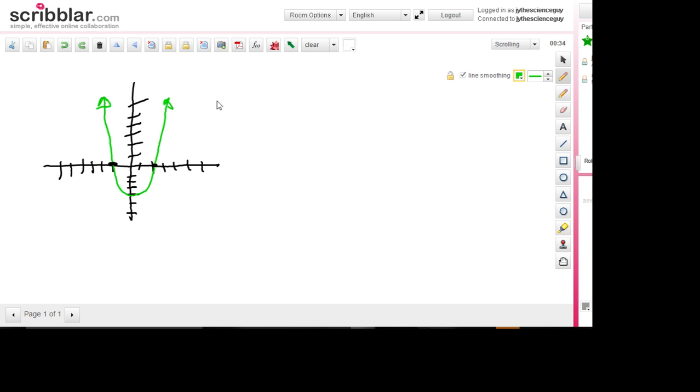So if I wanted to write this quadratic equation, I'll write it this way: f of x is equal to (x plus 1)(x minus 2). That's the actual equation for it. Now, there might be some factor a that's a compression or a stretch, and we would actually have to solve for that.